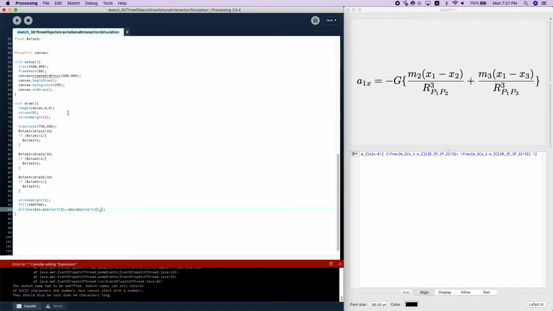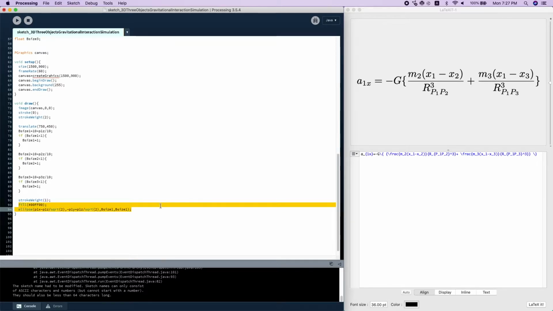And as I said before, the diameter of our ellipse, our circle, is going to be ball size 1, so that's going to generate a circle that has a diameter of ball size 1. And we do the same thing for our second ball and our third ball.